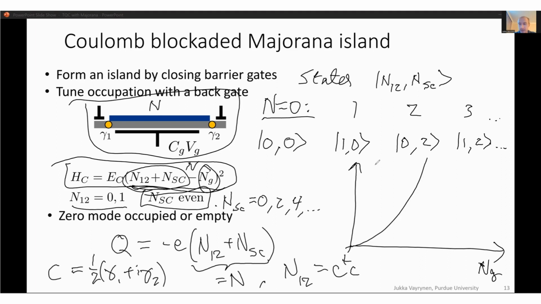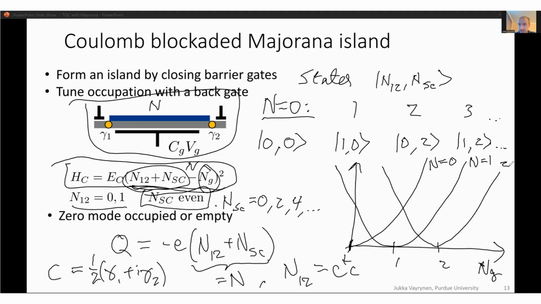For n equals 0, you get a parabola centered at the origin, and for n equals 1, you get a parabola centered at 1, and so on. And from this energy level diagram, you can read off the ground state for every value of Ng.